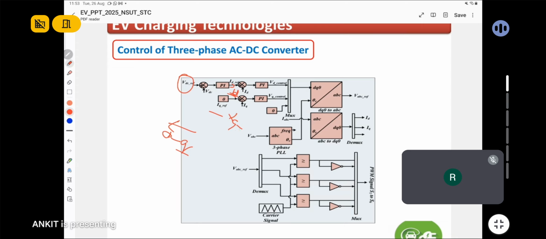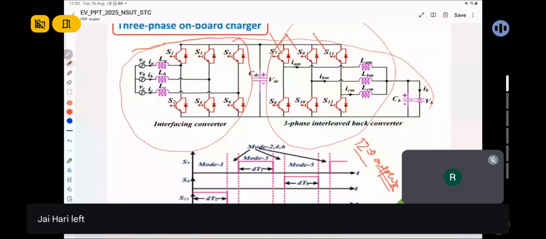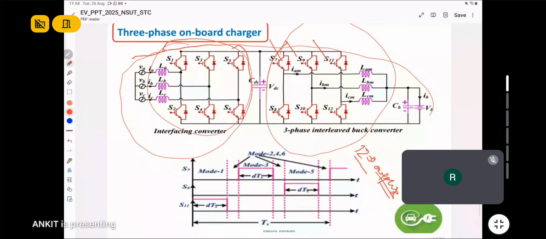For that purpose, IQ reference will be 0. The VD and ID reference and ID measured direct axis current generate VD control, and similarly VQ control, which is converted into VA VB VC reference. This is compared to the carrier signal to generate a PWM signal for switches S1 to S6, which are the front-end converter switches.